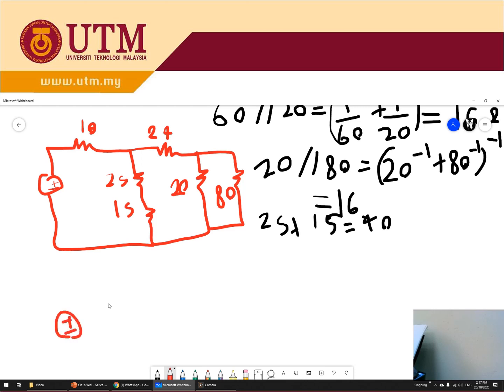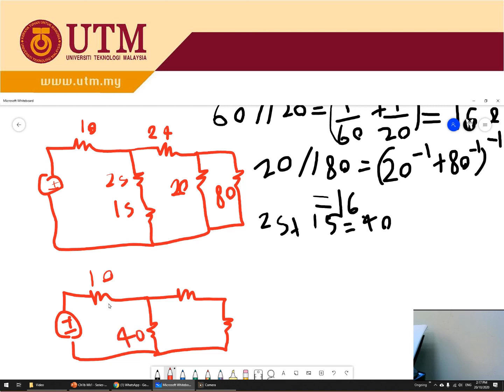Plus, minus. So this one is 10. This one is 40. This one is 16. And this one is 24.